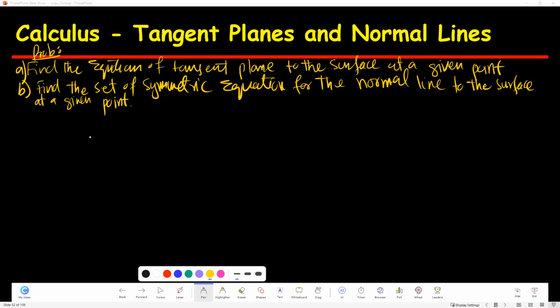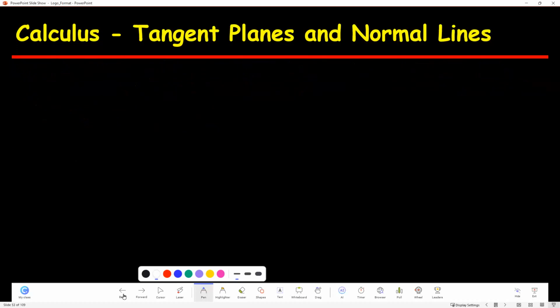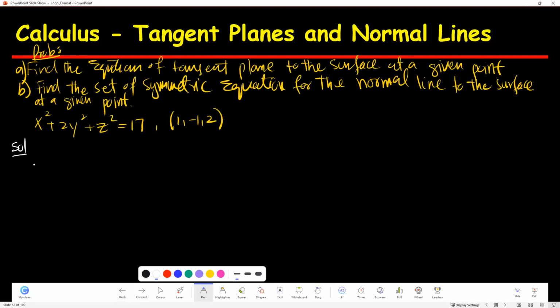And the data given to us is this linear surface. The point given is this. Here what we're going to do, first we're going to write the function.